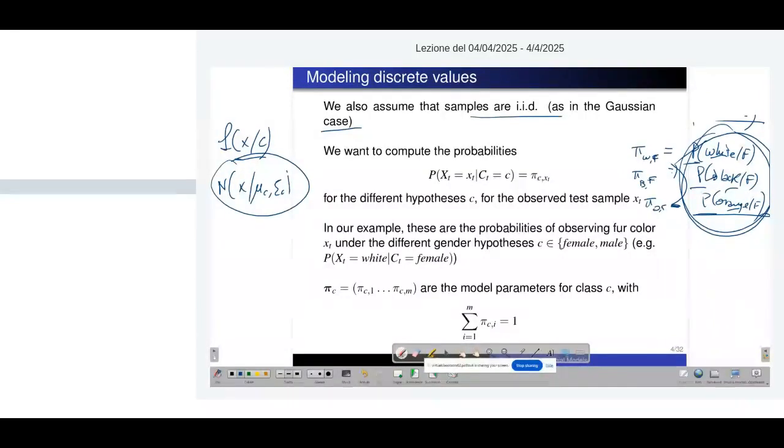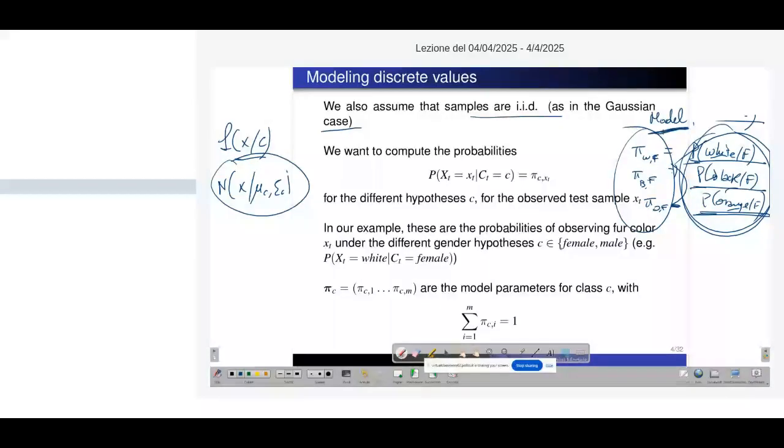So the model is parameterized by three values, and these three values are exactly the probabilities that I want to compute. If somebody gives me these three values, they tell me the probability of white given female, black given female, and orange given female.